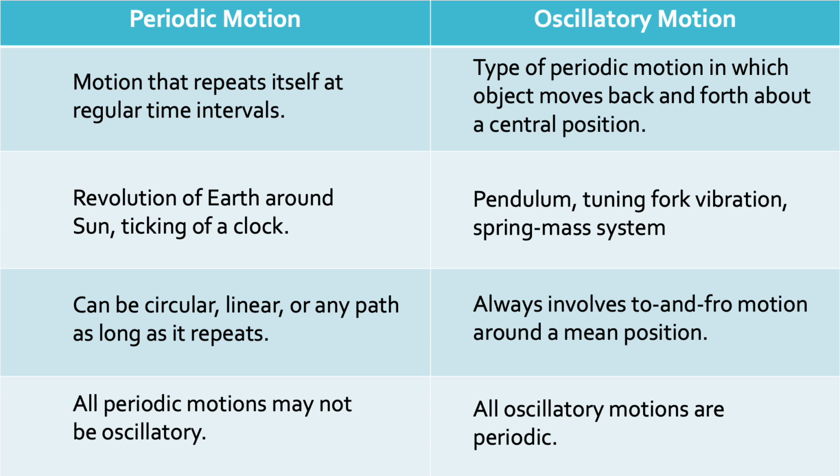So the key takeaway is all oscillatory motions are periodic, but not all periodic motions are oscillatory. For example, the Earth revolving around the Sun is periodic, but it doesn't go to and fro, so it's not oscillatory. Understanding this distinction will help you a lot when we study waves, vibrations, and mechanical systems in higher grades. So you must understand the basics of motion first.